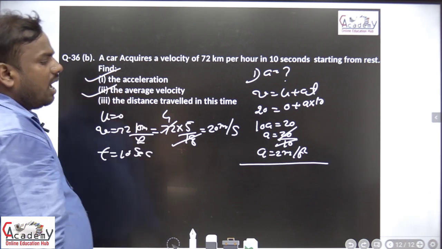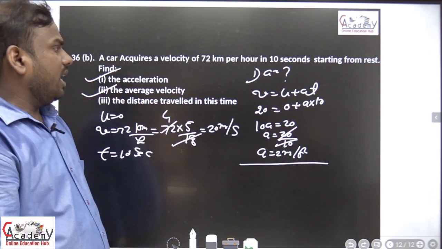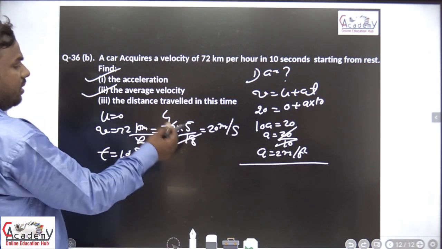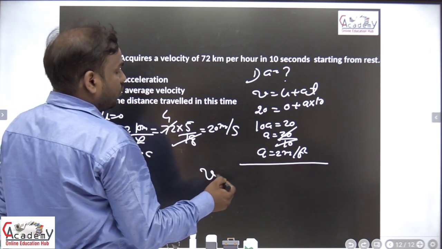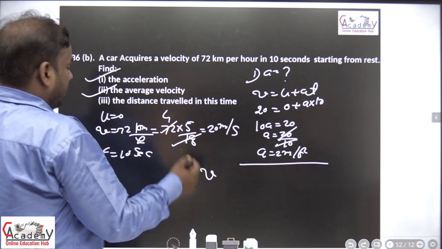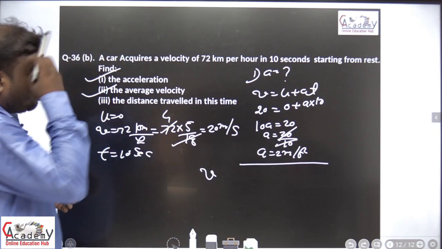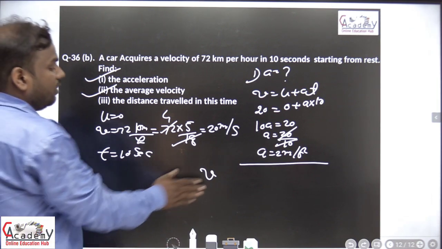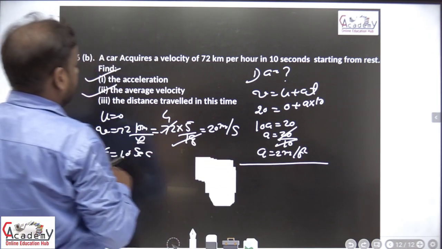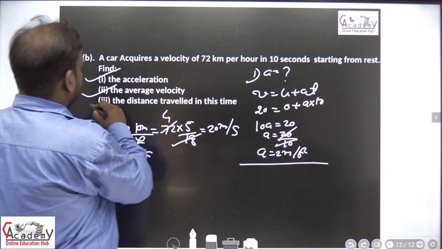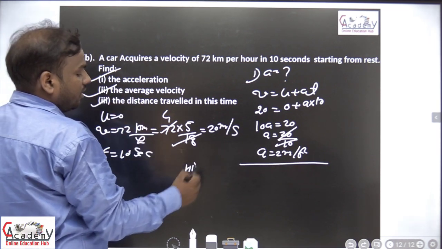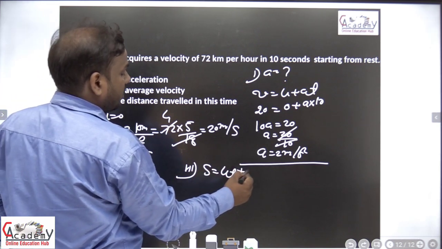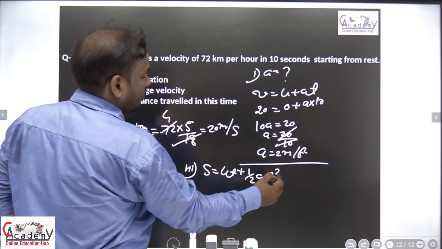Second, average velocity. How do you find average velocity? Average velocity means total distance upon total time taken. So what is the total distance? Firstly you have to find distance. The distance, using the second equation: s is equal to ut plus half at square.